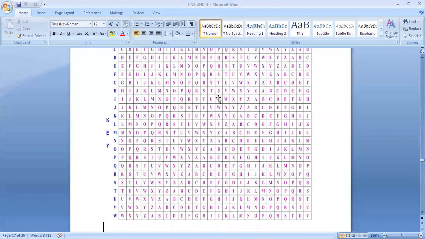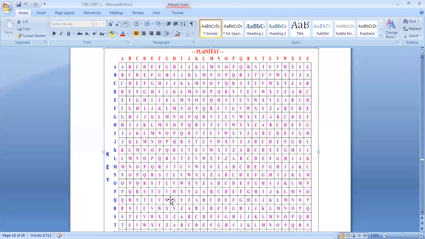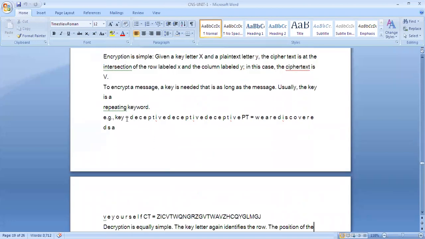First, arrange all 26 letters in this form. This is the plain text we have to consider, and this we have to take as the key. Whenever you want to convert plain text into ciphertext, you use it along with the key. So this is the original plain text.